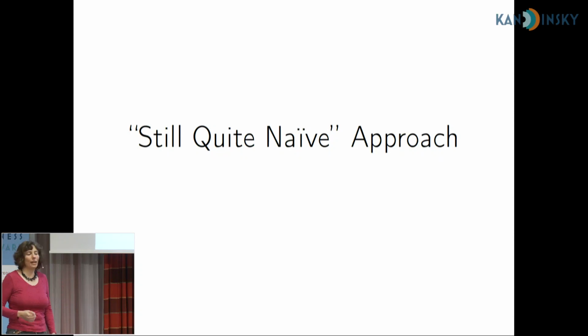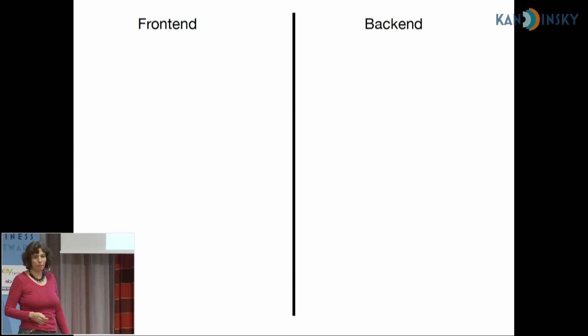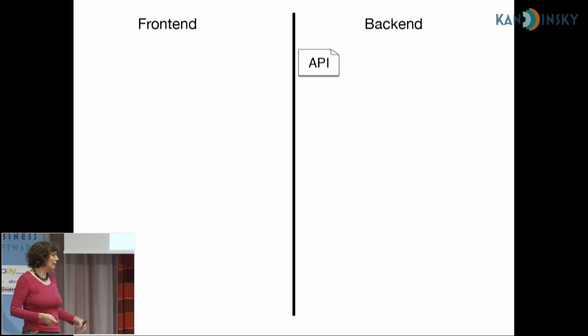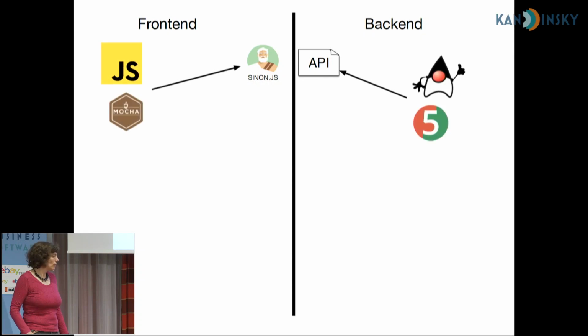There's another approach, and I'd like to call this the still quite naive approach. It goes like this. We have a front end and a back end again, and we have this API again. What we do now is, first of all, establish a mock for the front end so that the front end is decoupled from whatever the back end does. So we can now develop the front end and the back end in parallel.